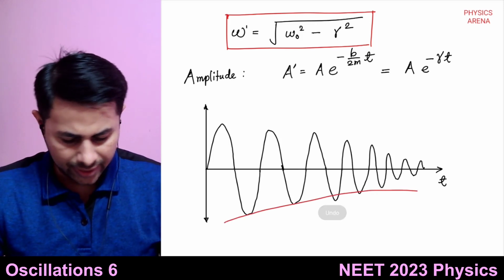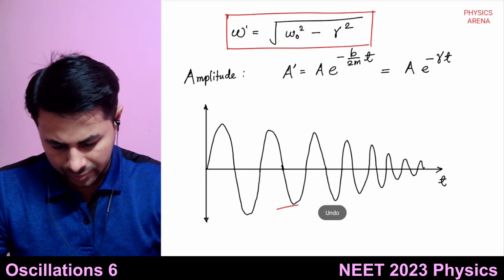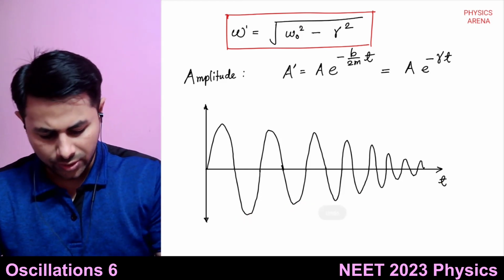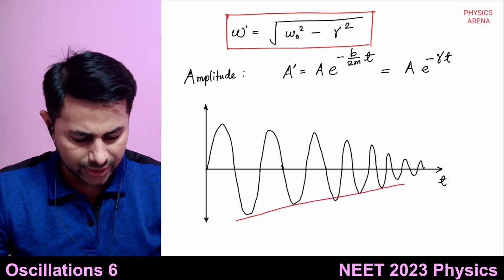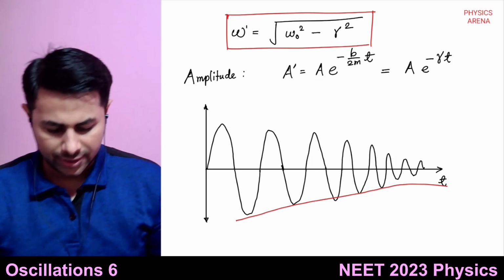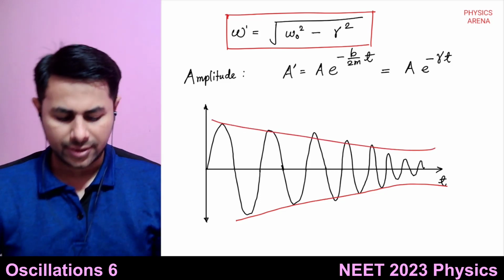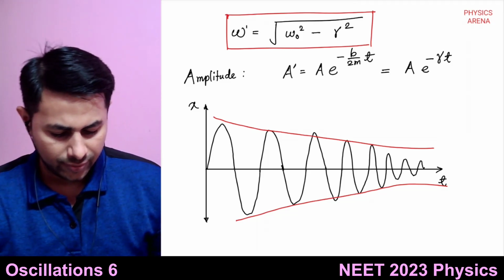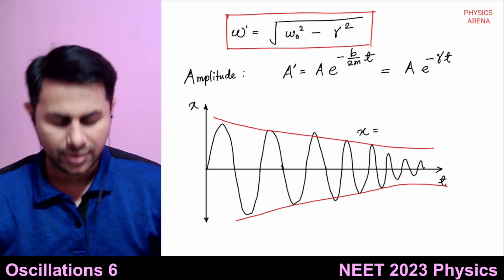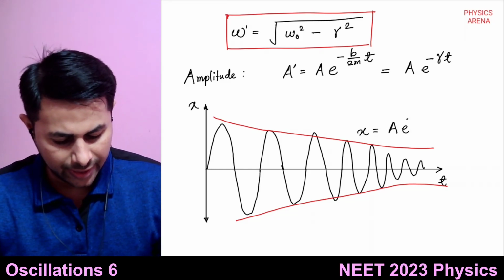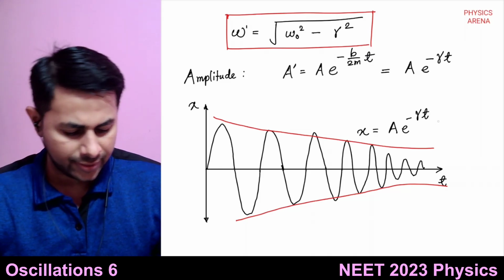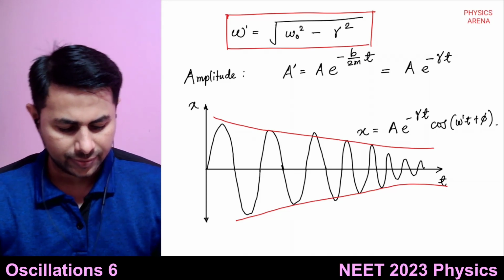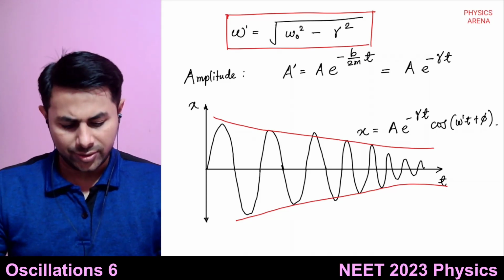Of course, this graph is not drawn to scale, but it decreases exponentially like this, right? So this is the graph of x versus t, and it is given by this equation: x is equal to a multiplied by e raised to minus gamma t multiplied by cos of omega dash t plus phi. Okay, so is this thing clear?